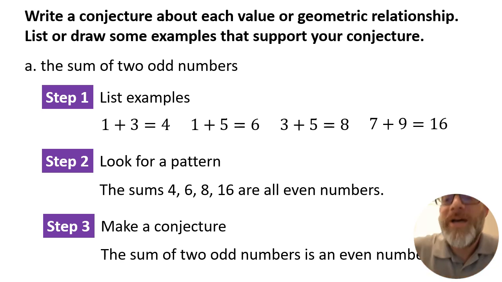Now let's stop and think about inductive reasoning. Am I sure that the sum of 2 odd numbers is an even number? No, I'm not sure. I've made examples and they seem all to be true, so I make a reasonable conjecture. This is what inductive reasoning is. When you make a reasonable conjecture based on as many examples as you have.